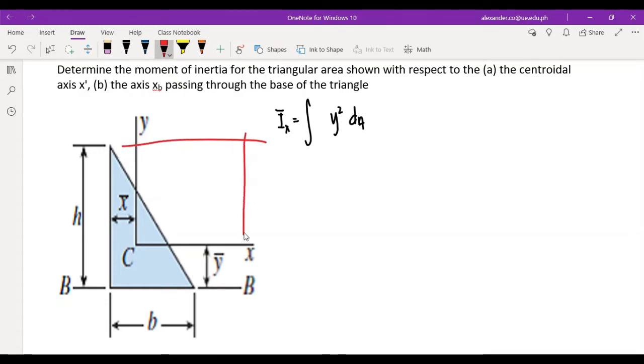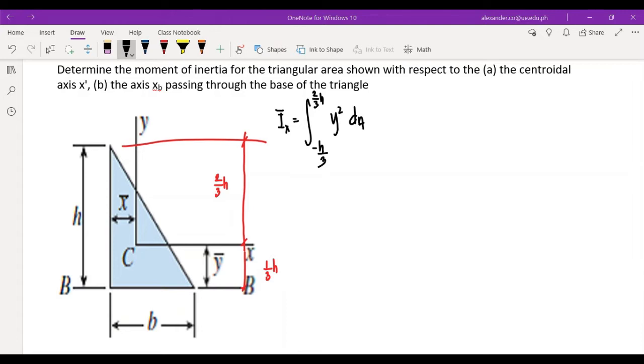From there, since the total height is h, we know that the centroid is at 2/3 h from the top and at the bottom it will be 1/3 h. So we have an upper limit of 2/3 h and a lower limit of negative h over 3, because it is negative at the bottom. Correct?